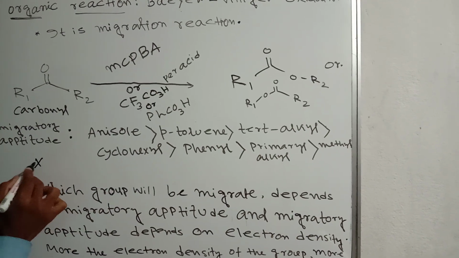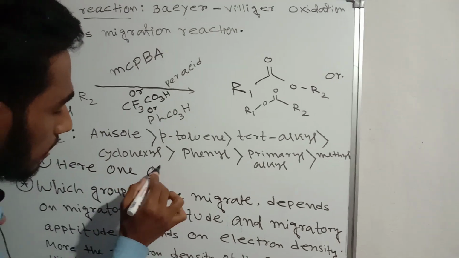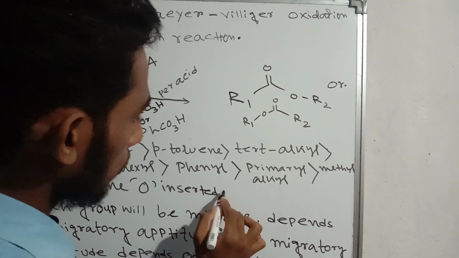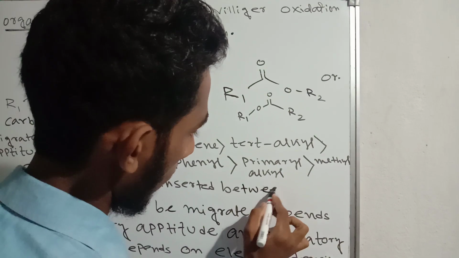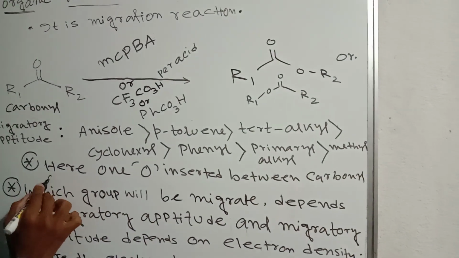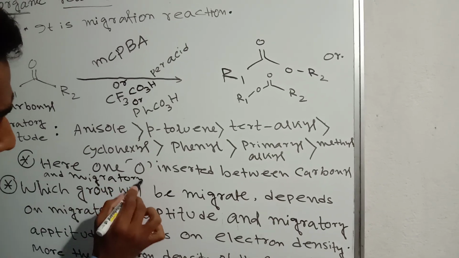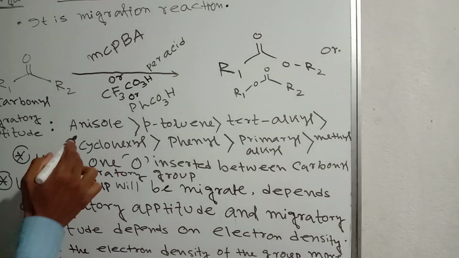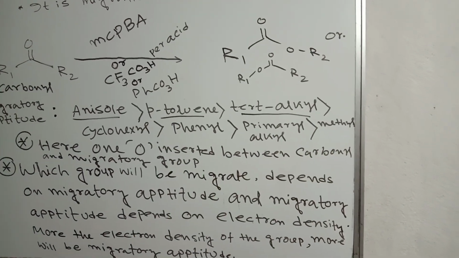The migratory aptitude order will be anisole first, then para-toluidine, then tertiary alkyl, cyclohexyl, phenyl, primary alkyl and methyl.